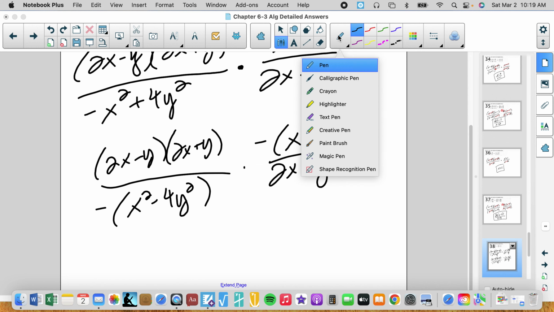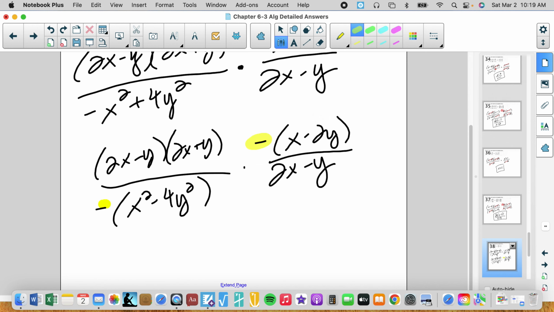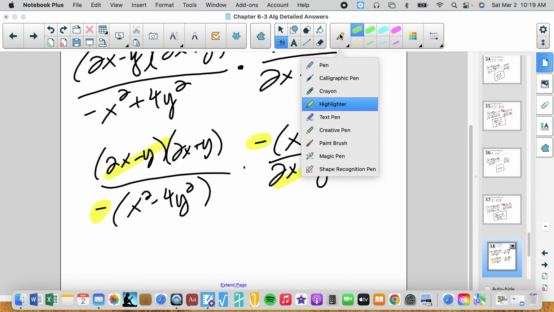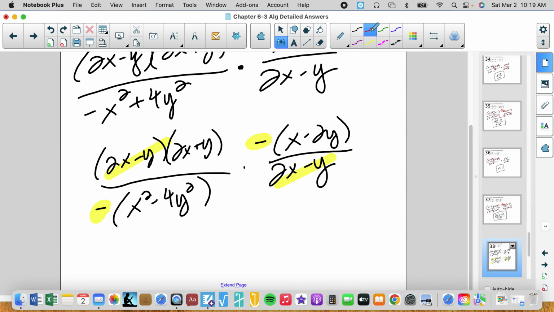Let's just get these out of the way. They're going to cancel. Let's keep canceling. This will cancel and this will cancel. And now let's factor this. We can still, that's the difference of squares.